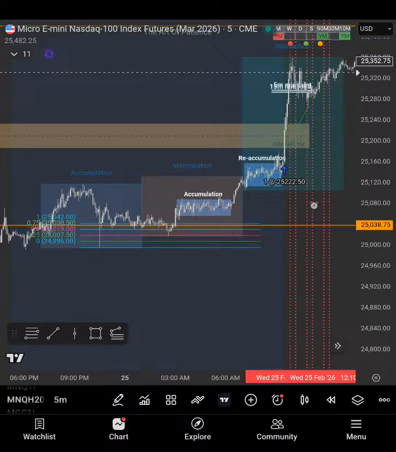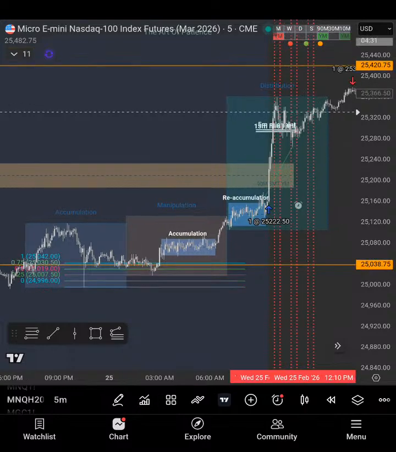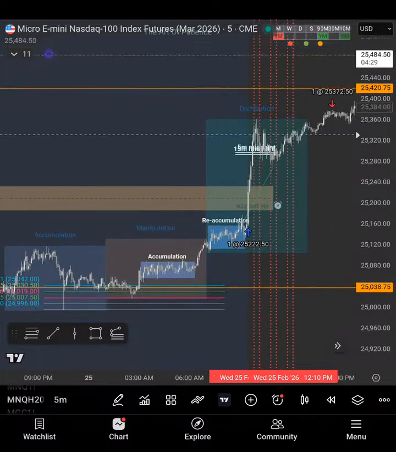All you have to really do is spot a pattern that looks like either or. Enter, if your preference is to wait for a more clear signal, wait for the reaccumulation phase, and then target the liquidity where price will deliver to.